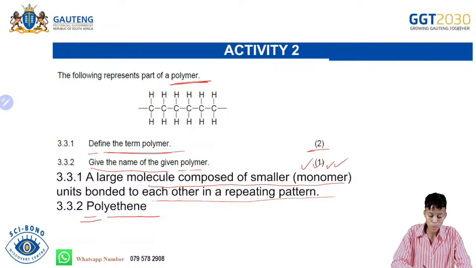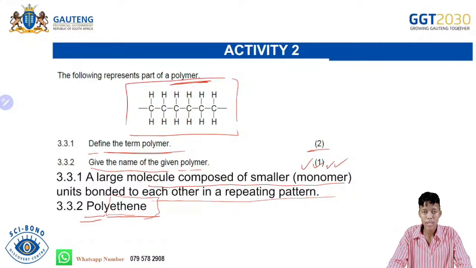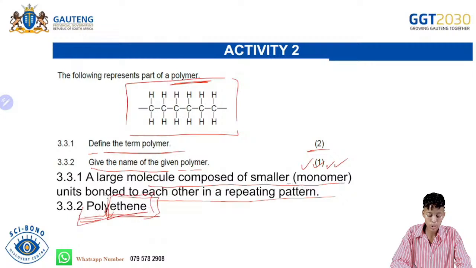So we said poly, it means many. So many of the ethenes. So it means the monomer was therefore called what? An ethene, but the polymer, so many of the monomer units would therefore be called what? Polyethylene.